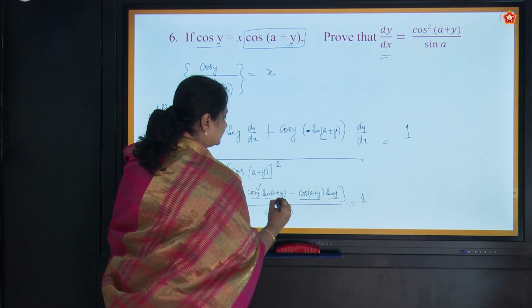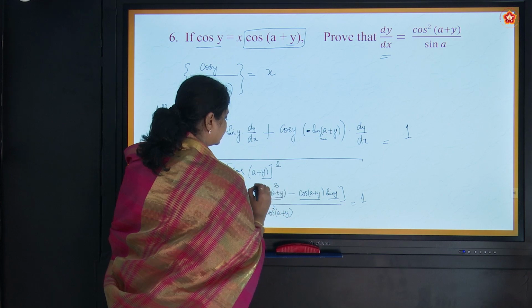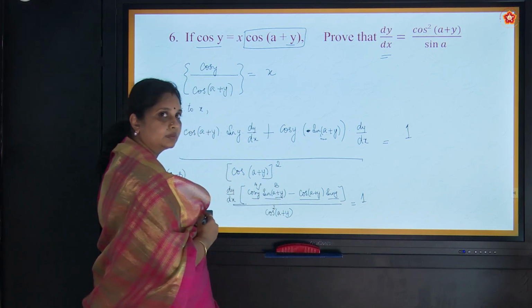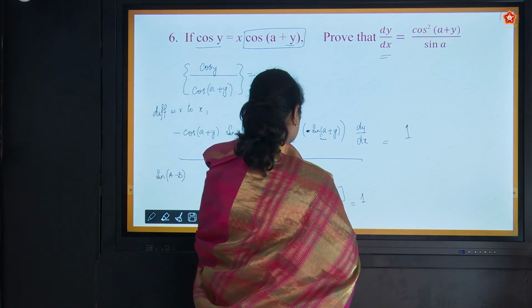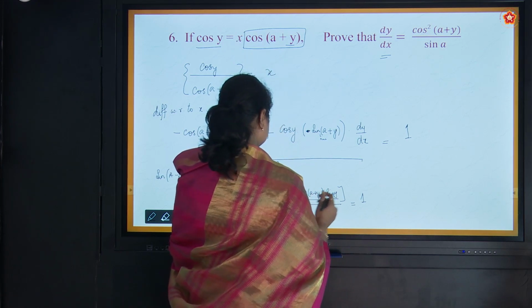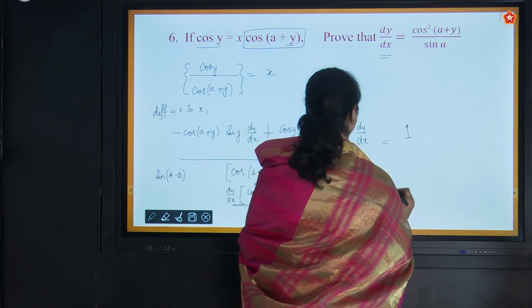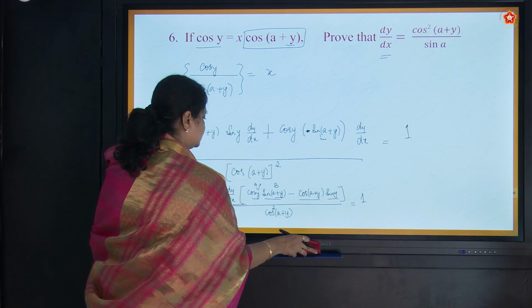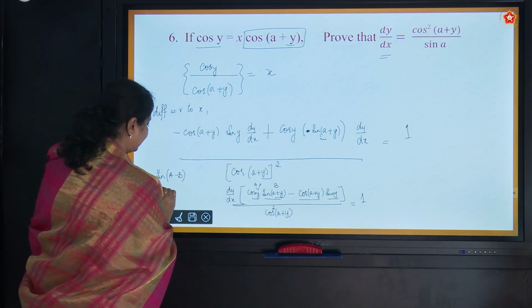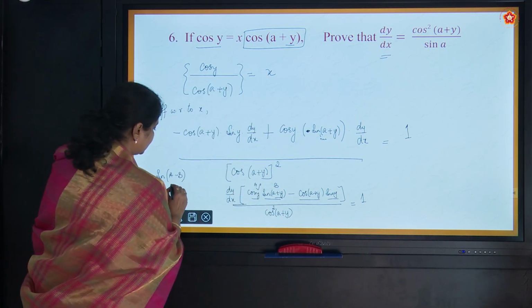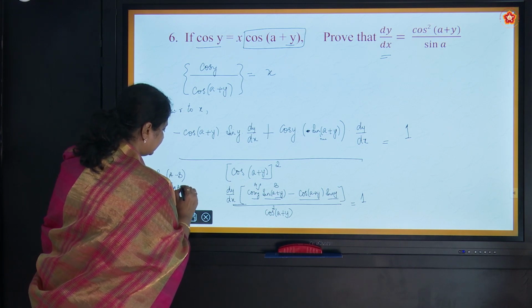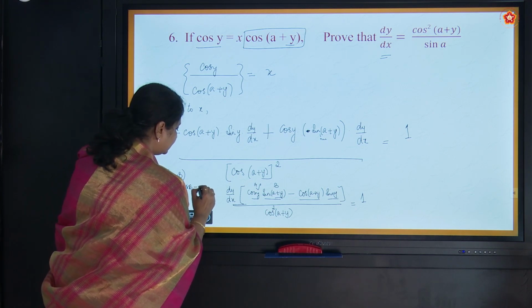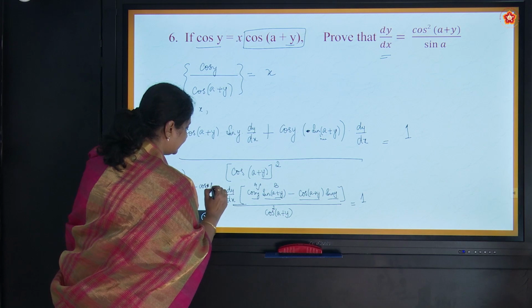This is my a, this is my b. So sine of (a minus b) is equal to sine a cos b minus cos a sin b.